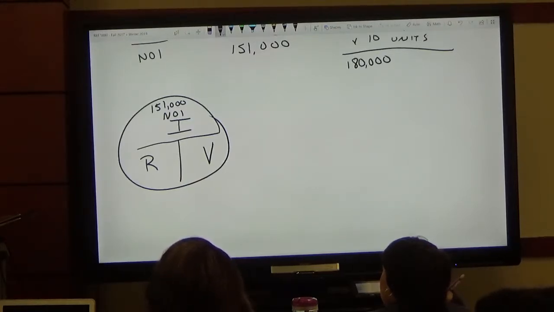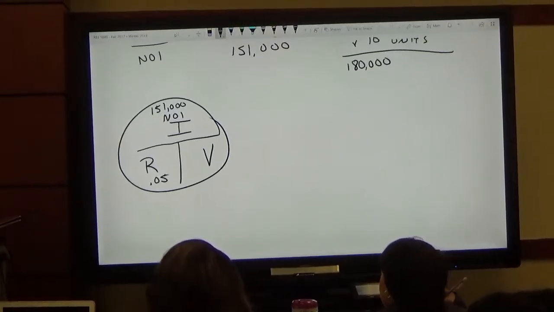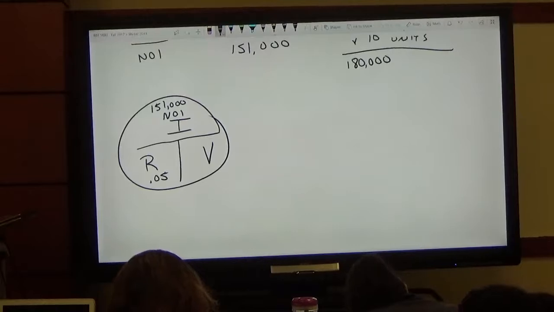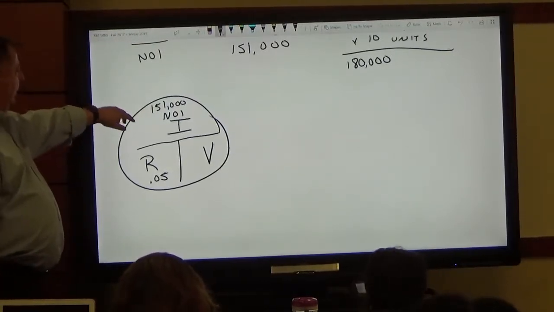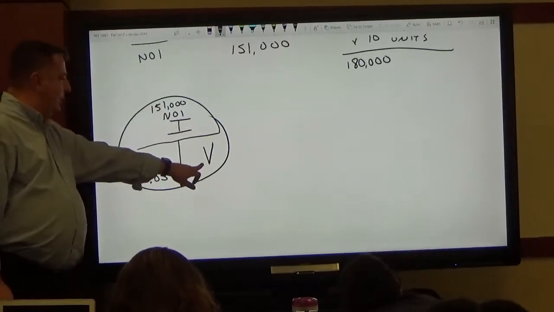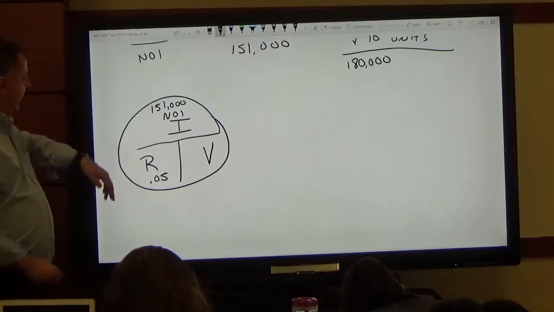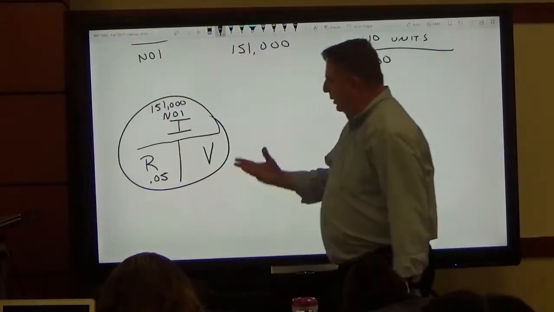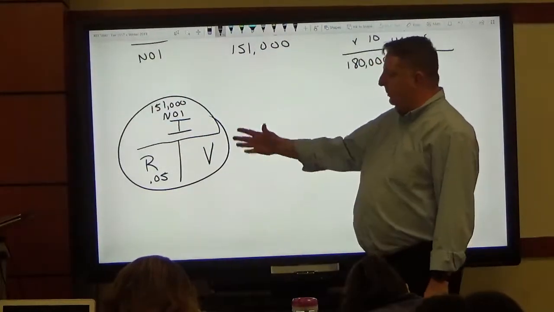So let's just say, in this case, we're dealing with multifamily residential, so we're going to make that cap rate 5%. Now we use our friendly little formula that we call IRV, which is income divided by rate, which gives us value. Anytime we're solving, we're simply covering up the piece that we're solving for.